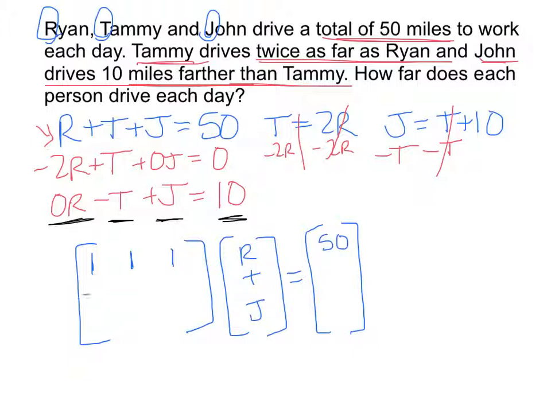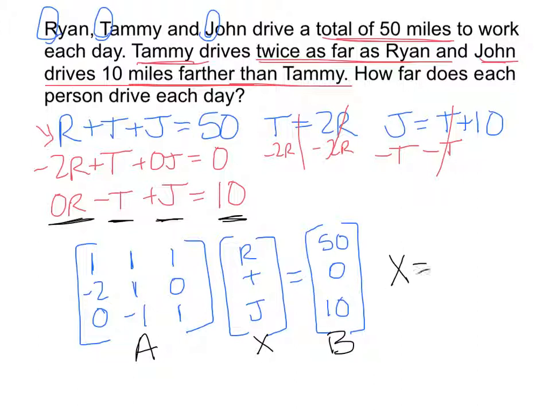Second equation, minus 2 Ryans, 1 Tammy, no Johns, and they equal 0. Needs to be included. That matrix needs to be 3 by 1. And then we have no Ryans, negative 1 Tammy, and 1 John, and that gets us 10. So we have our setup ready to go. We have matrix A, we have matrix X, and we have matrix B.